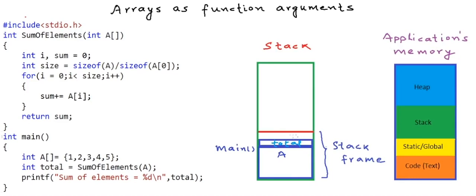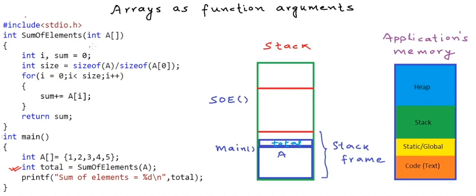And there would be some more information in the stack frame. Now when the program execution reaches this line where we make a call to sum of elements, the execution of main is paused and another stack frame is allocated to execute the function sum of elements. We have talked about this call stack growth and function execution a number of times in our previous lessons.